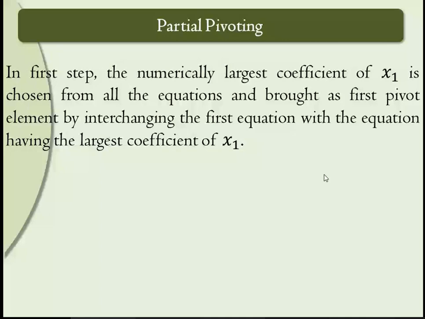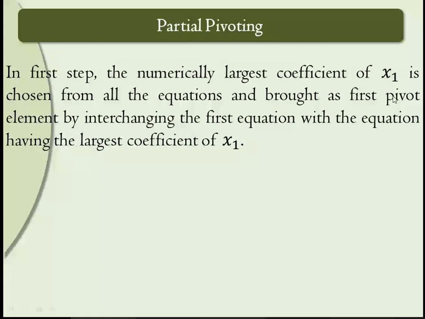We have to check in all the equations the coefficient of x1, in which equation the coefficient of x1 is largest. Then take that equation as the first equation. In Gauss elimination, we directly start reducing it to upper triangular. But in partial pivoting, we have to search for the equation in which the coefficient of x1 is the largest.